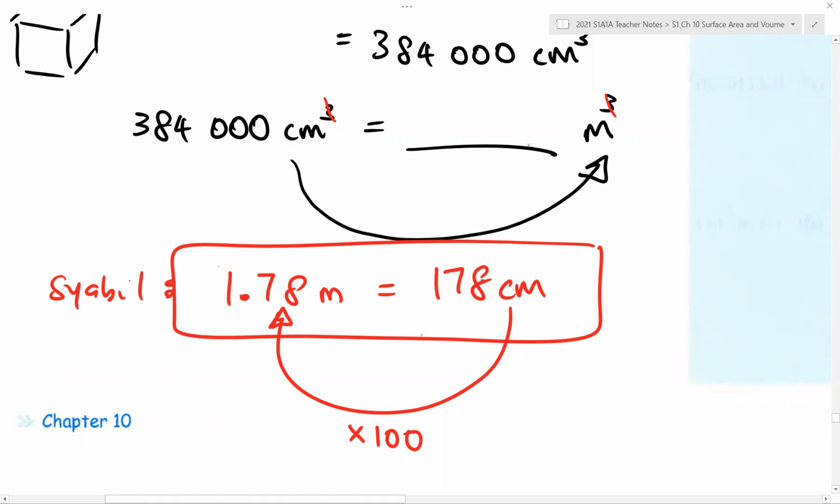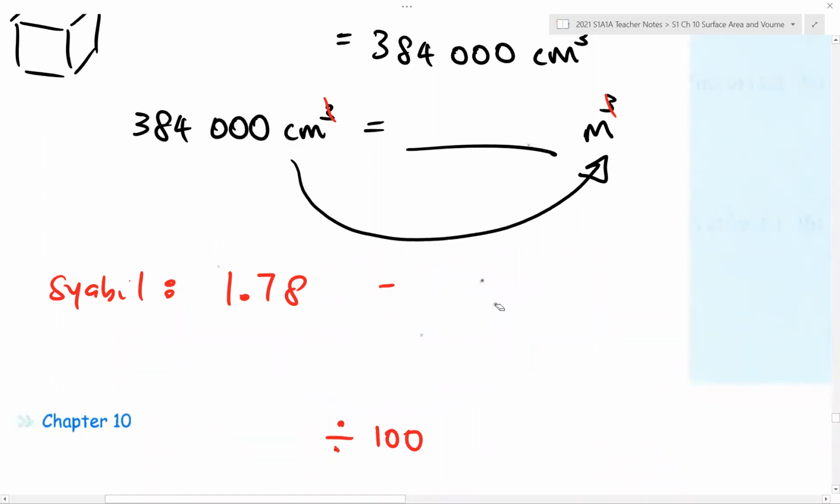Let's change it to divide. Now you press. Is it correct now? So how do we go from cm to meter? Divide. Divide by what? Okay, now you got it right already.